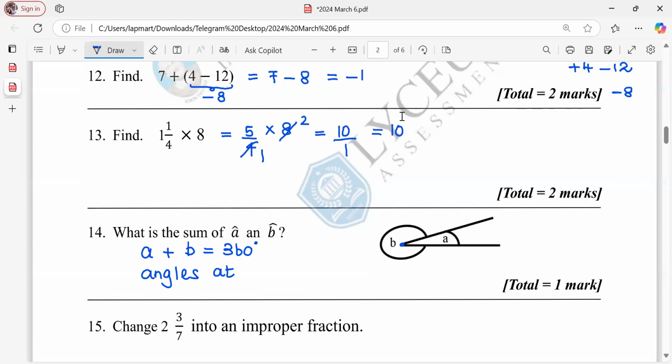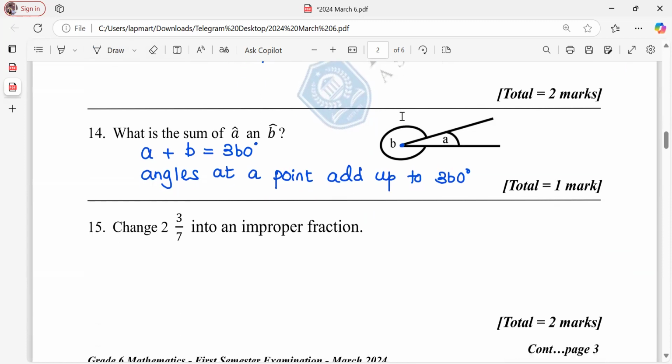The person marking your paper, your teacher, knows the reason, but we want to write and emphasize that you are thorough with all these concepts. Write this in words: angles at a point add up to 360 degrees.